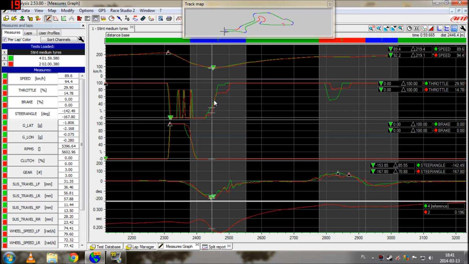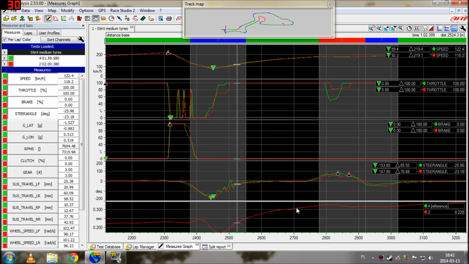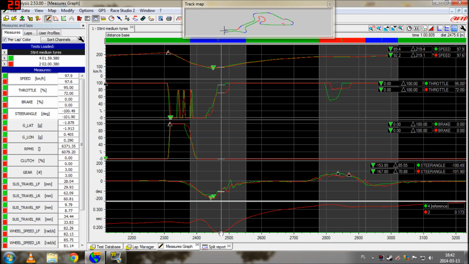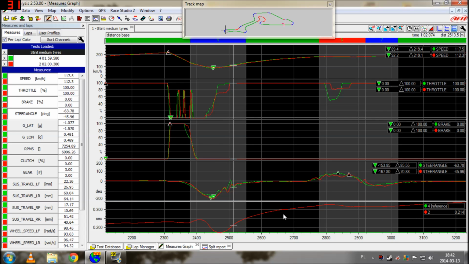It's not perfect, because there's no such thing as perfect in racing, but it's a good, proper throttle application, fast and relatively smooth, much smoother than the red, where for a while it was flat. The gap increases a lot, from almost 2 tenths to more than 3 tenths of a second.